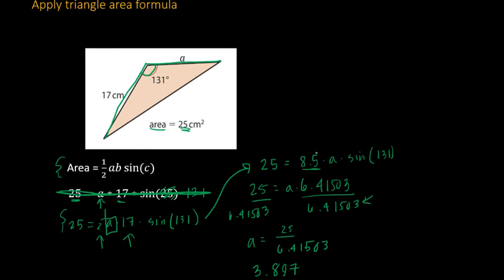Next I multiplied 8.5 by sine 131. And then I divided both sides of the equation by 6.41503. I simplified that fraction and I found that a is equal to 3.897. Again, really just a matter of keeping your variables straight and being careful as you take steps through entering things in your calculator.